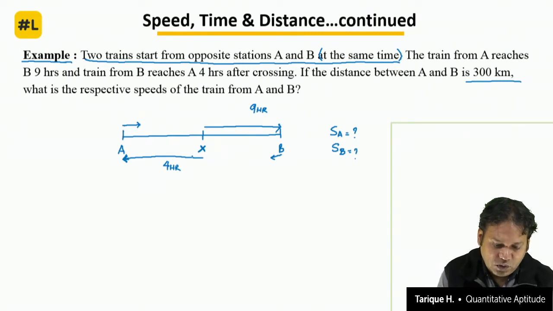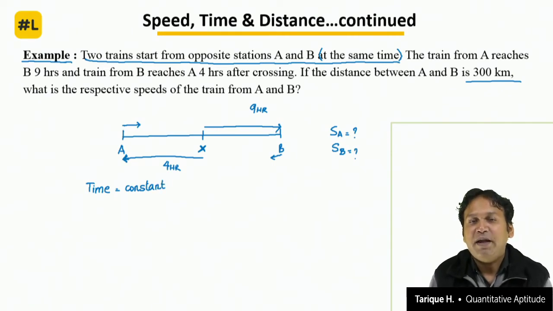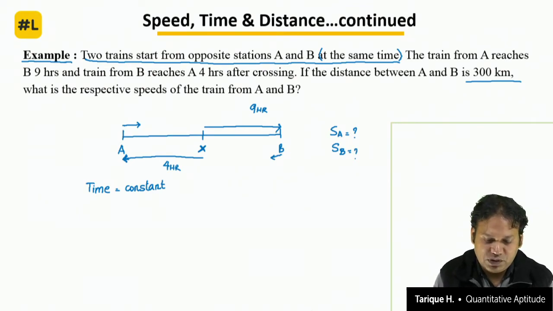All right. So when we look at the first case, when they meet at point X, time is constant. When time is constant, what happens? Which ratio concept is applied? When time is constant, then speed is directly proportional to distance.